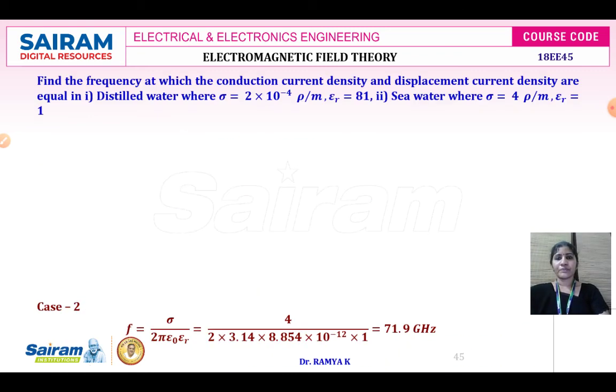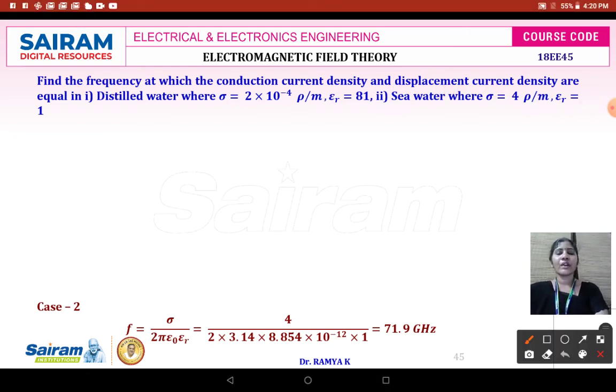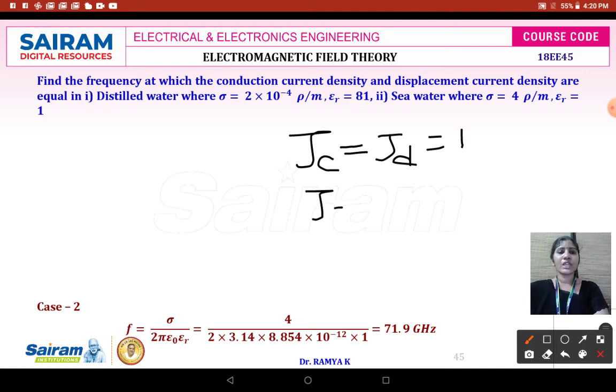Next one. Find the frequency at which the conduction current density and displacement current density are going to be equal. So we need to identify at which frequency the conduction current density and displacement current density are equal. We can write Jc is equal to Jd, so Jc by Jd is equal to 1, which is equal to sigma divided by omega epsilon.